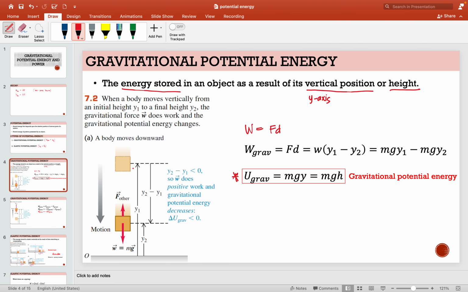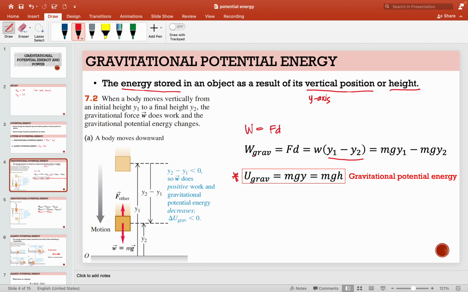So y sub 1 is the vertical distance or position from its initial position up to the ground, while y sub 2 is the final position of your box to the ground. That's why we have y1 minus y2.